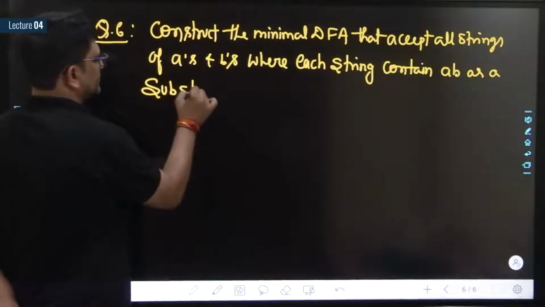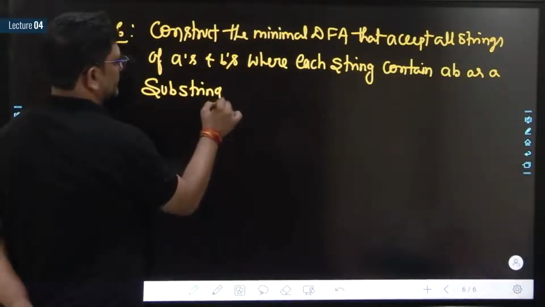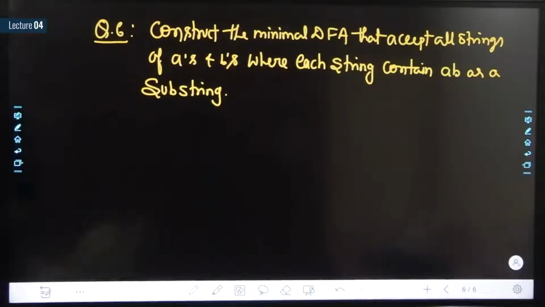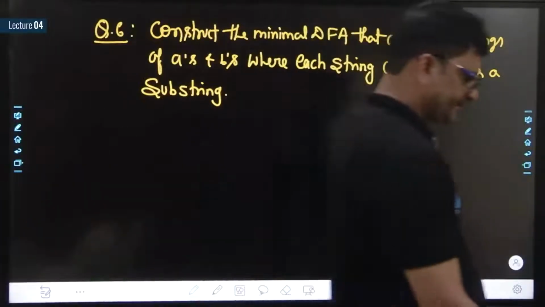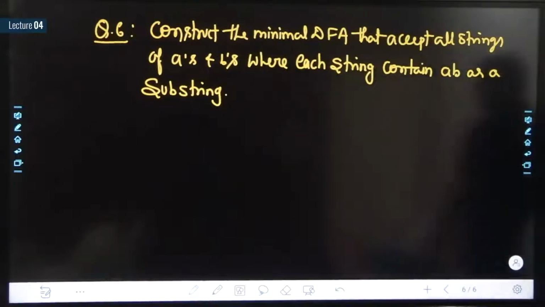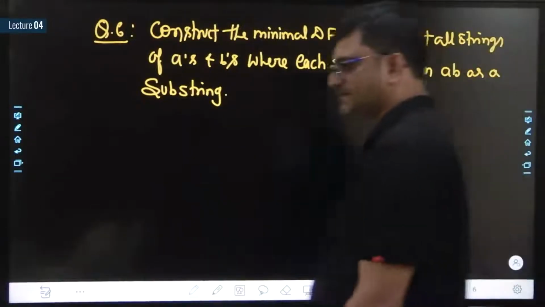AB as a substring. Clear? Now make the DFA for this language.